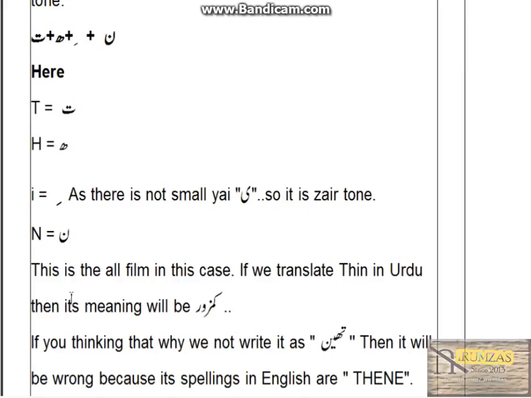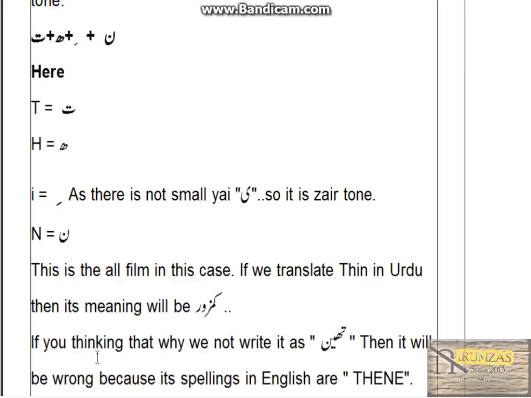If we translate thin in Urdu, then its meaning will be kamzor. Thin meaning in Urdu is kamzor, but we will write it as thin.